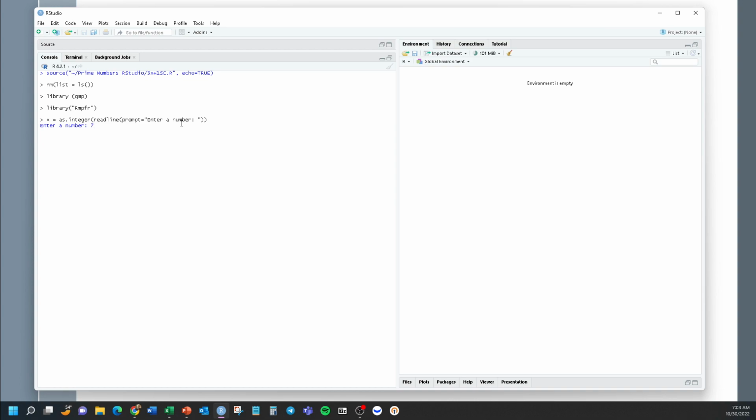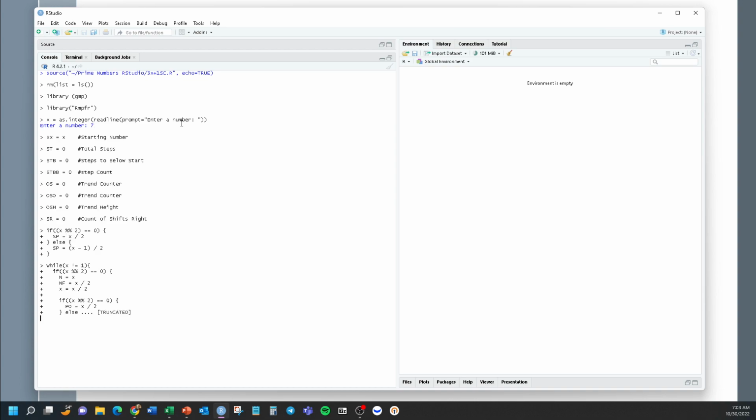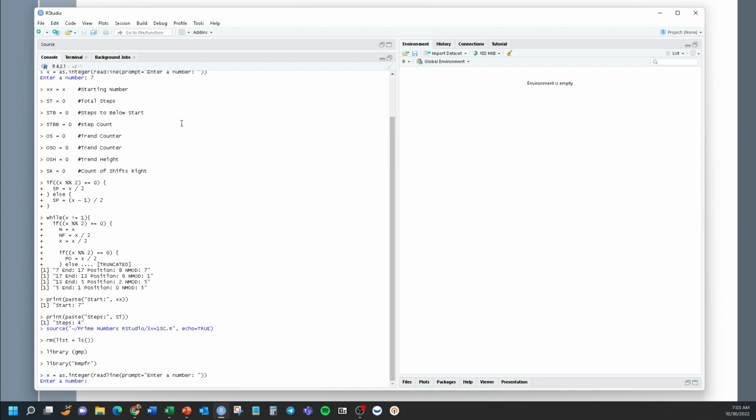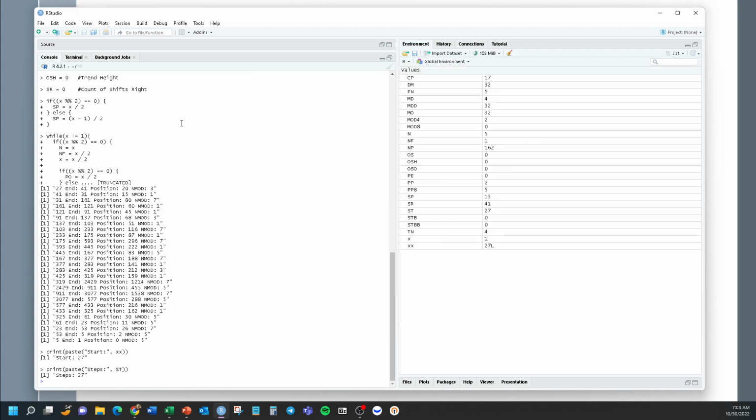I can skip a lot of the noise, right? So in this case, with the number 7, in 4 steps, I can get to the number 1, right? So 27, I can get to the number 1 in 27 steps, right?